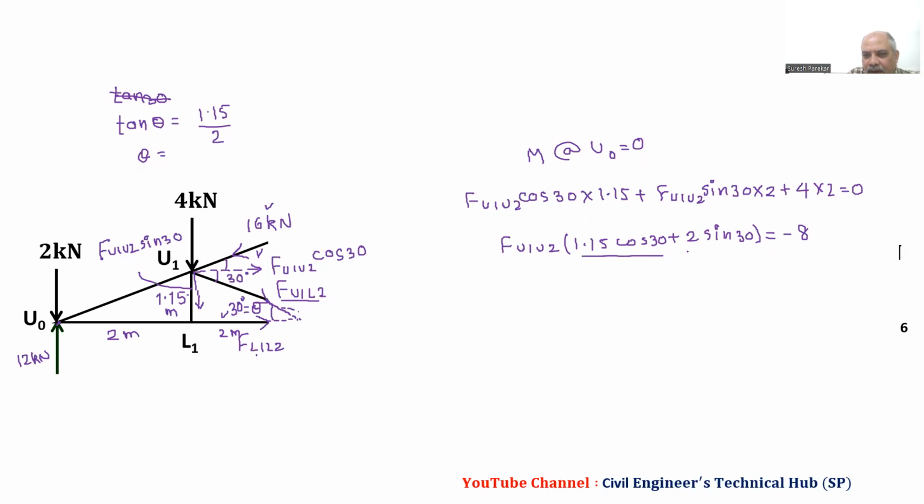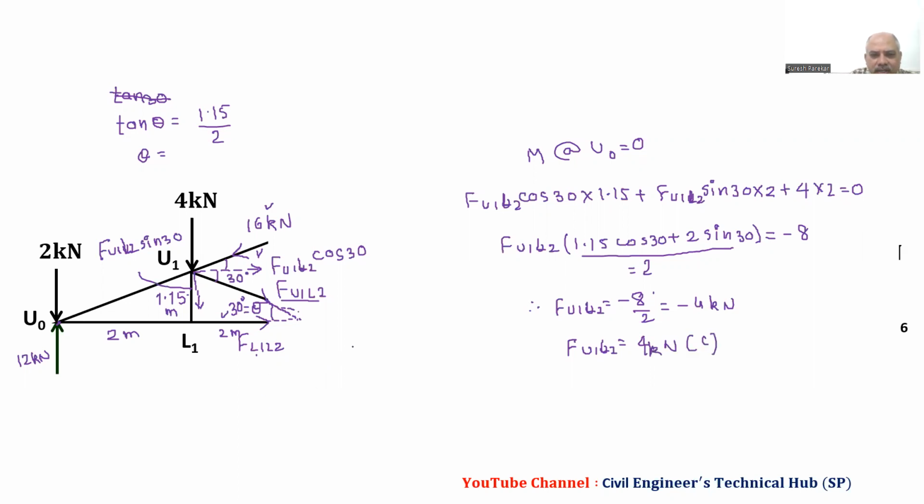If you solve this part, you will get the value 2, and therefore F U1 U2 is equal to minus 8 upon 2, minus 4 kilonewton. Sorry, F U1 L2 we have to find. So U1 L2 we have 4 kilonewton compression.